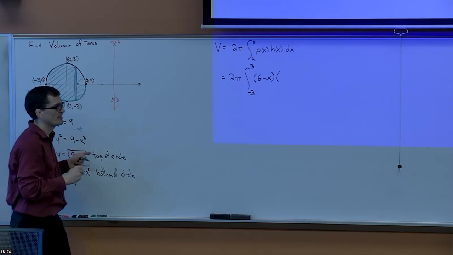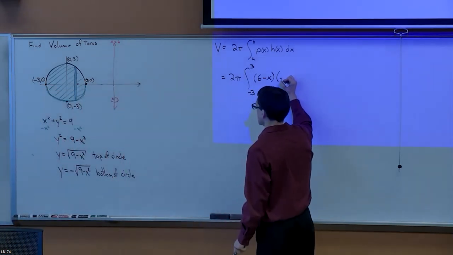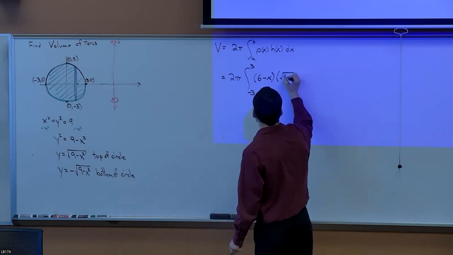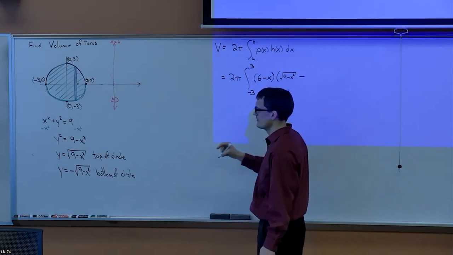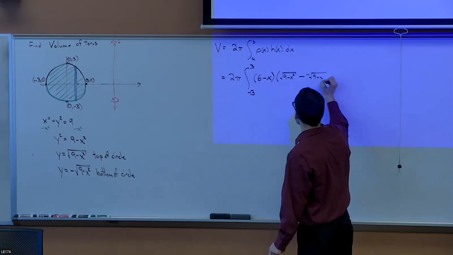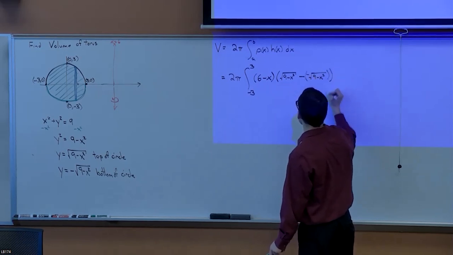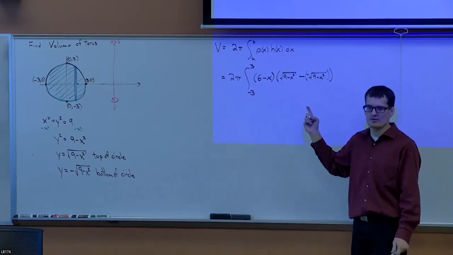So the height is going to be from the top of the circle, which we now know as y equals square root of 9 minus x squared, down to the bottom of the circle, which we know is negative square root of 9 minus x squared. Notice that negative of a negative is going to give you a positive, right?